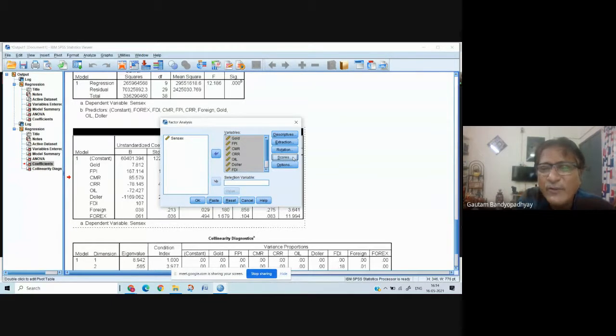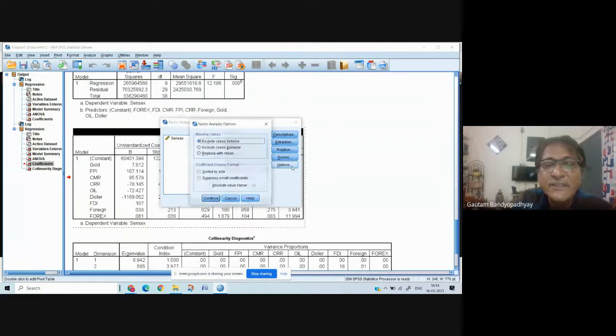The last part is only for the arrangement of the tables, that is called options. In some cases there will be some missing values, so we can replace the missing value with the mean. But in our case there will be no missing values, so I'm not selecting this part. The second part, already I told you, is whether the arrangement is in decreasing or increasing order, that is sorted by size, a very important objective of multivariate analysis.